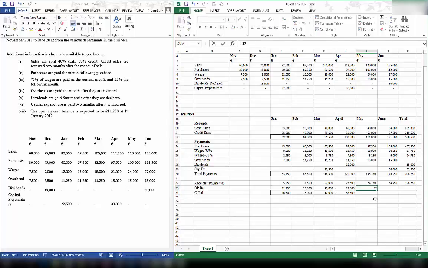Minus 37,500, and again minus 12,000 brings the balance along.